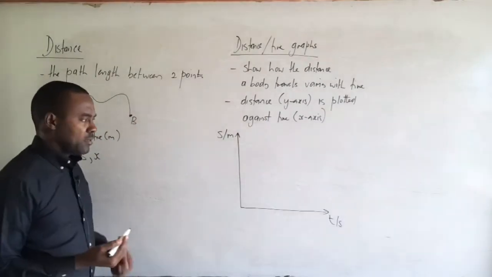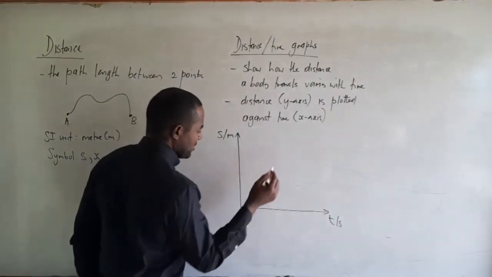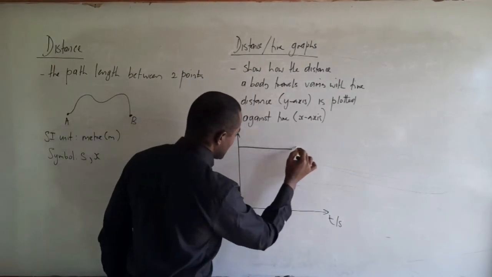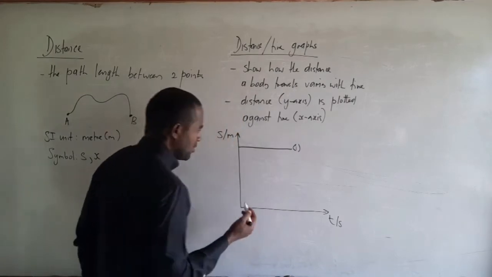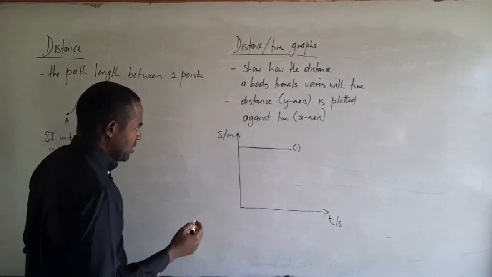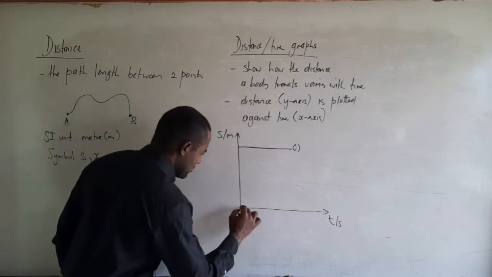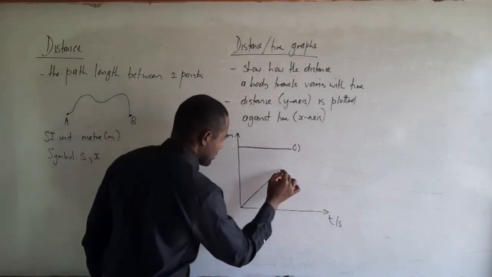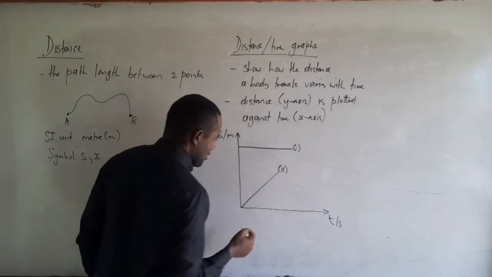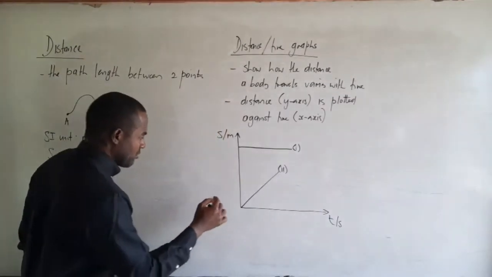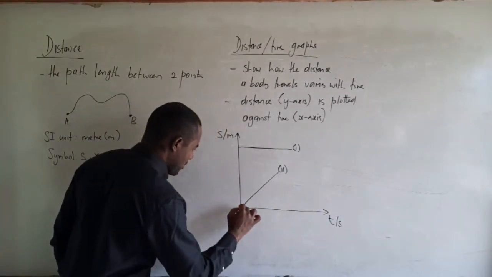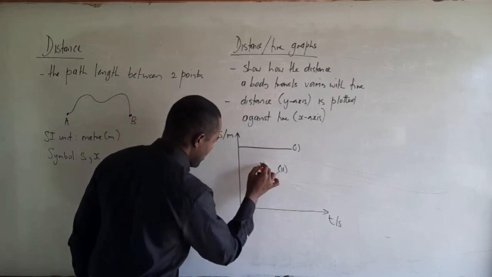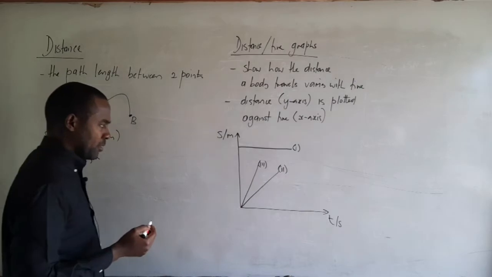The first graph is a simple horizontal line. We'll talk about that one later. Let's call that graph 1. The second one starts at the origin and slopes upwards. We'll call that graph 2. The third one starts at the origin and also slopes upward, but this time it's a steeper slope, and we'll call that graph 3.